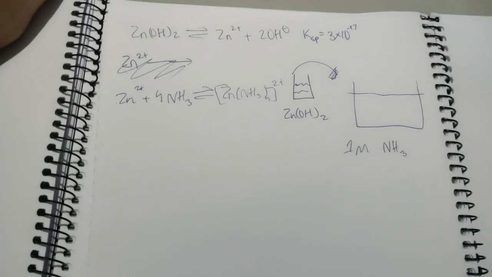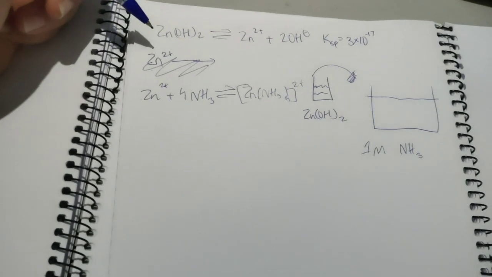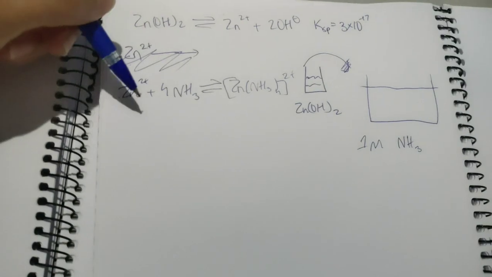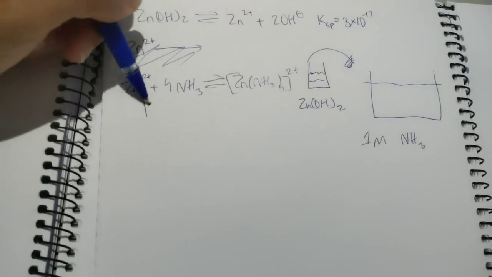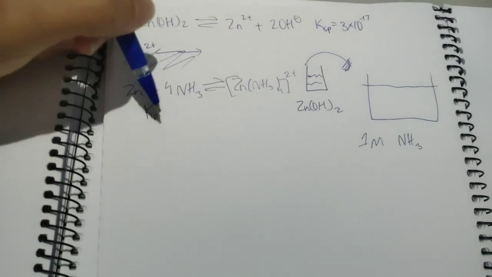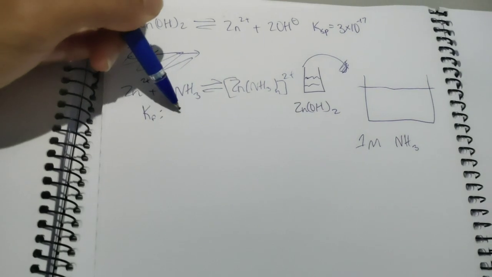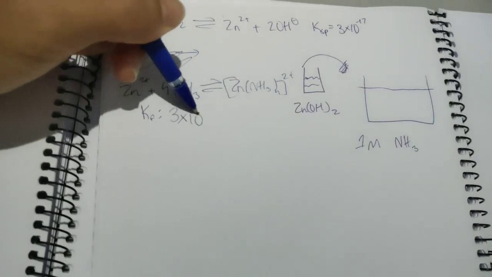So this is the complex you get, and complexation reactions are quite favorable. So let's say that the complex formation equilibrium constant for this is 3 × 10^9.